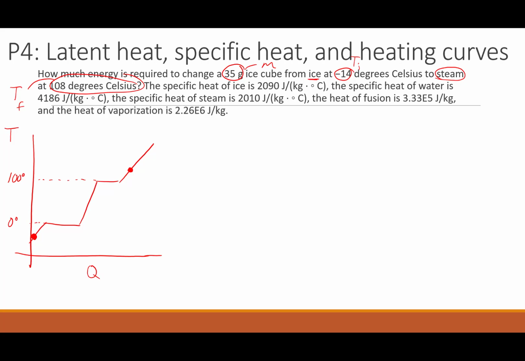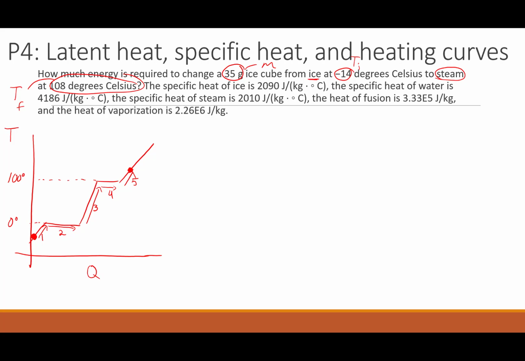So if we're adding heat to get from this dot to this dot, that's going to be 1, 2, 3, 4, 5 steps in order to find the total heat. So I'm going to label them 1, 2, 3, 4, 5.